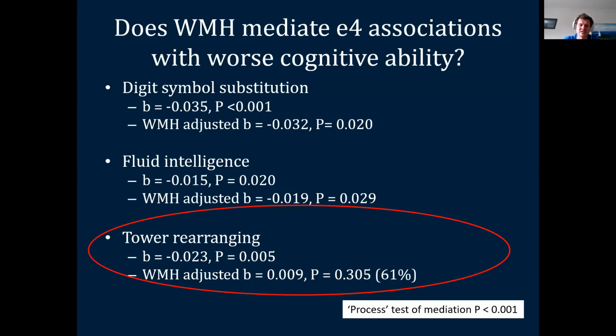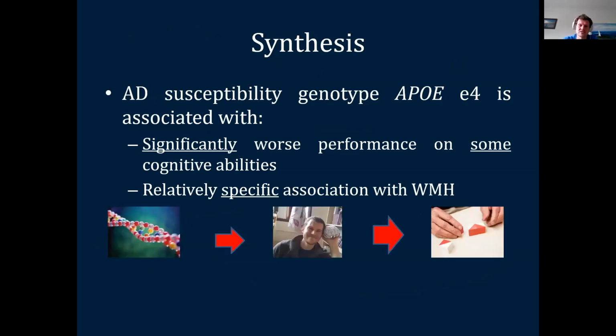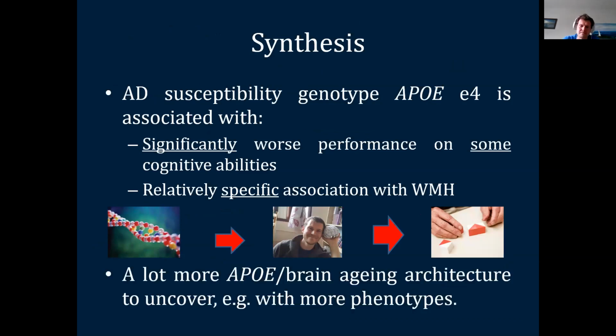So what you have is this relatively nice story of ApoE4 seeming to associate with worse tower rearranging scores, and a huge amount of that is mediated specifically by white matter hyperintensity volumes. This comes back to my point earlier on that I quite like instances where we can have a complete story of genetic variation, a particular brain substrate, and a cognitive outcome, so cognitive decline or worse cognitive abilities. But obviously there's a huge amount more to uncover there, and what we could also do is start to look at the much wider range of UK Biobank imaging phenotypes.